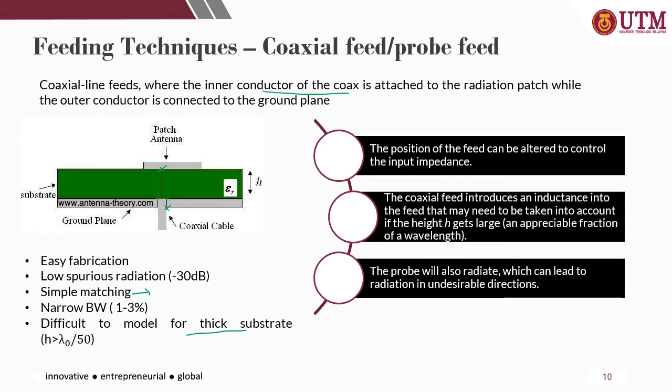And another consideration in designing a microstrip antenna by using coaxial feed is that the coaxial feed introduces an inductance into the feed. So this needs to be taken into consideration as the height increases. All right, and the probe may also radiate, so it will lead to undesired radiation in an undesirable direction.